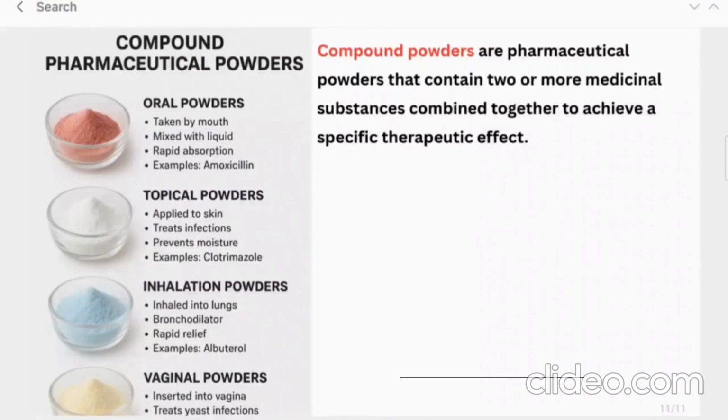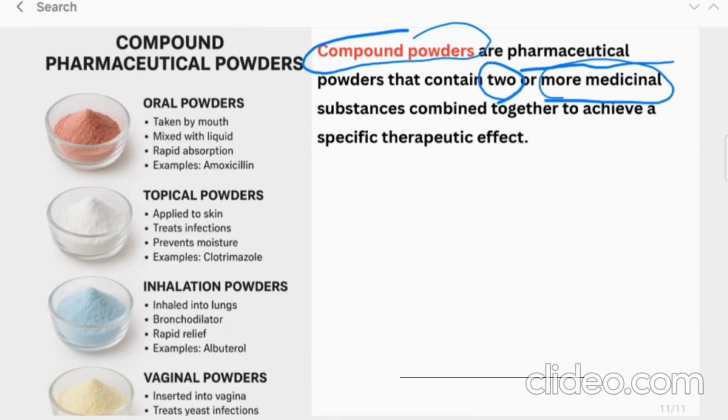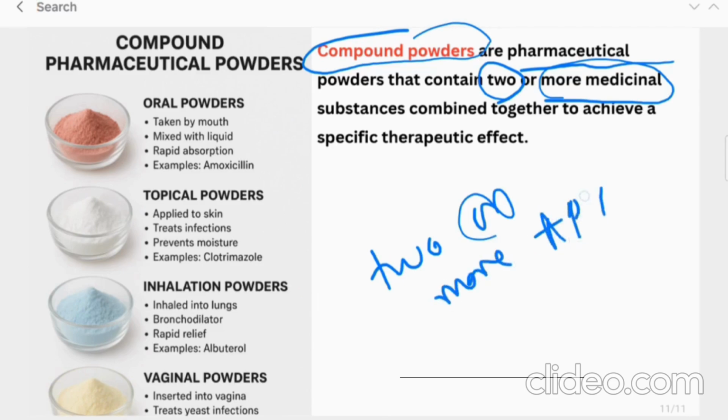And the next one is compound powders. Compound powders are pharmaceutical powders which contain two or more medicinal substances, that is, two or more APIs, active pharmaceutical ingredients.